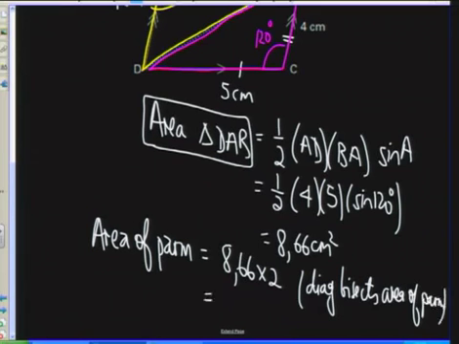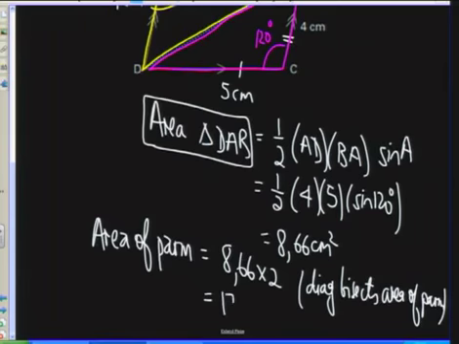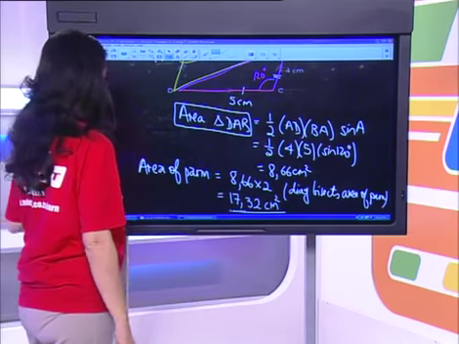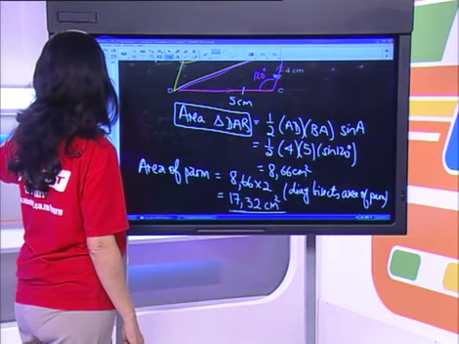And so that would just be a double of this value, and we'd get 17,32 square centimeters. Okay, right, lovely, nice and easy to work with a parallelogram.